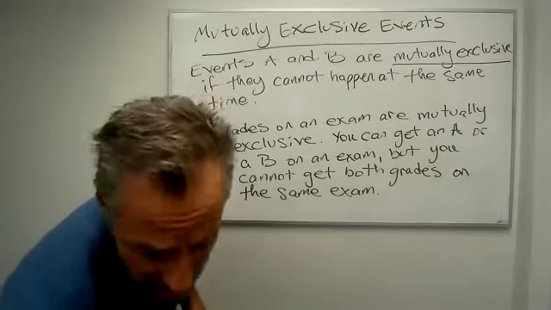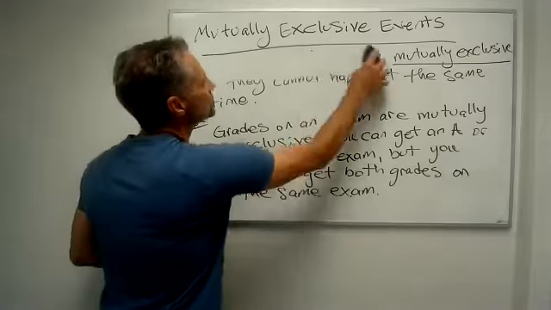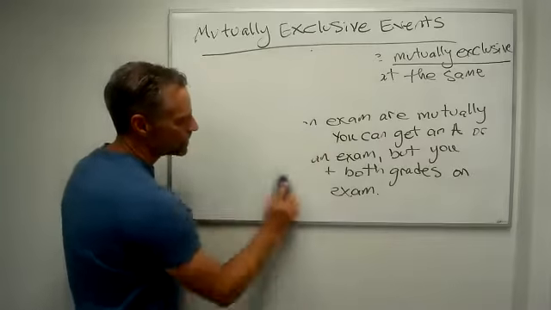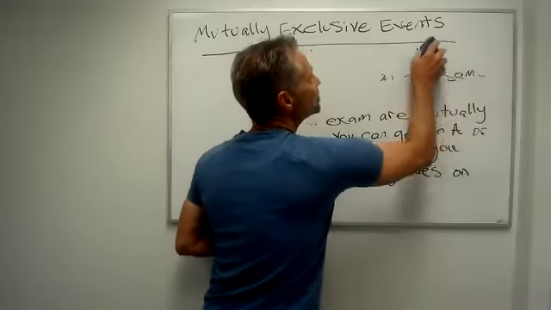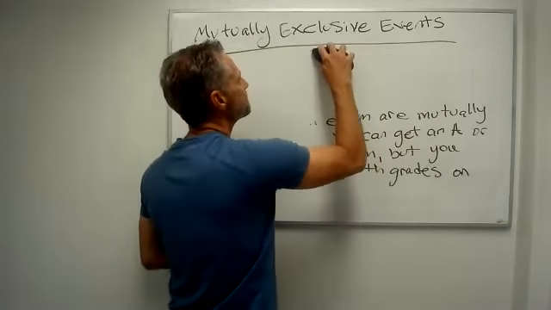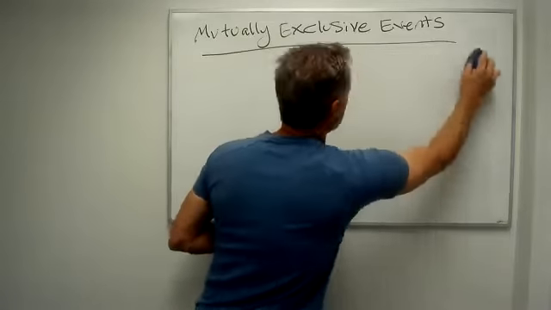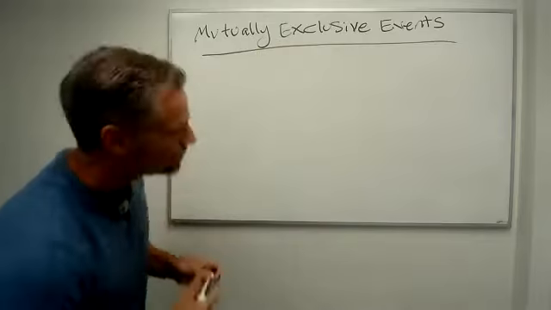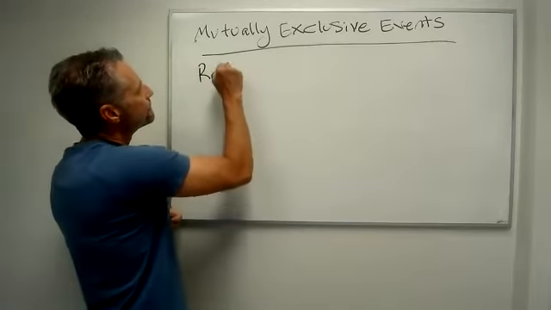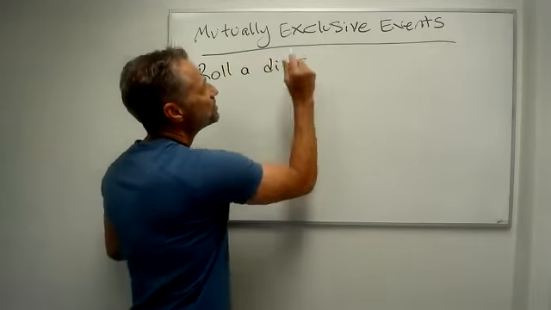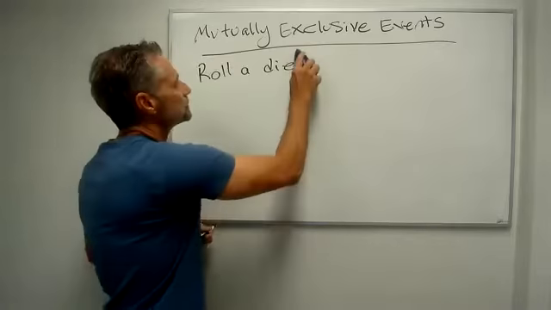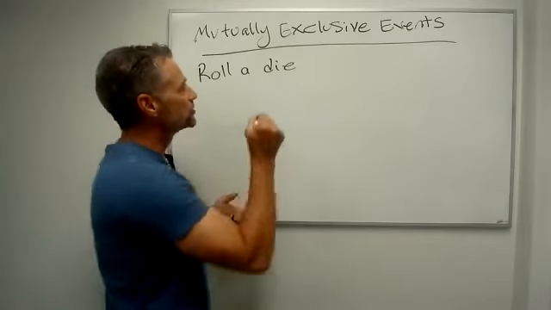Let's look at another example. Suppose I roll a die, just a regular six-sided die. The possible outcomes of the die, of course, are going to be 1 through 6.